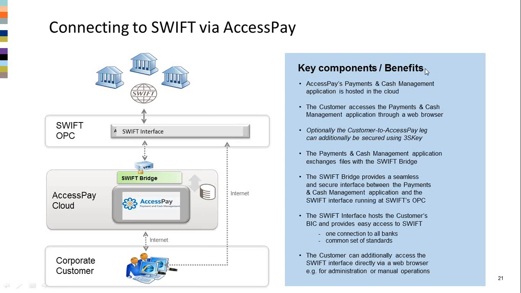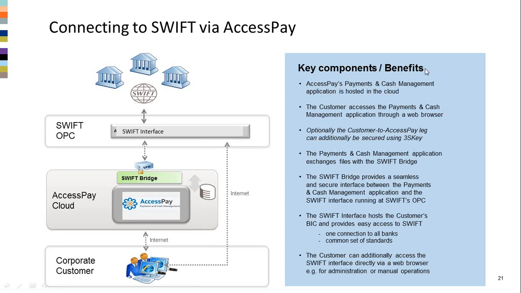So he's able to, through his web browser, create, verify, and authorize payment transactions, and as a result of that workflow, the AccessPay system then creates files, either files of individual payment transactions or files of bulk payments.